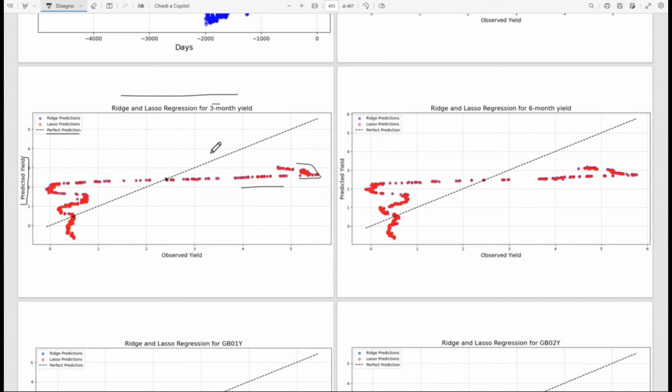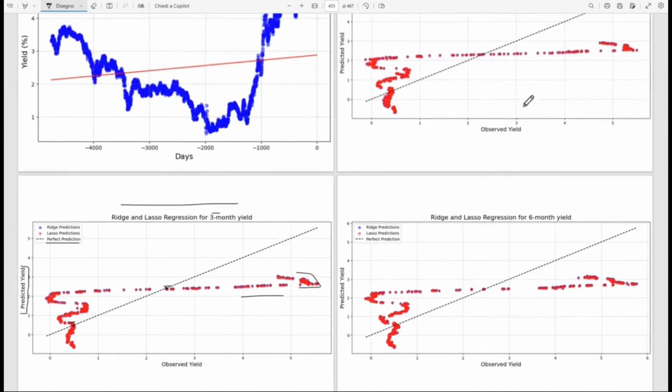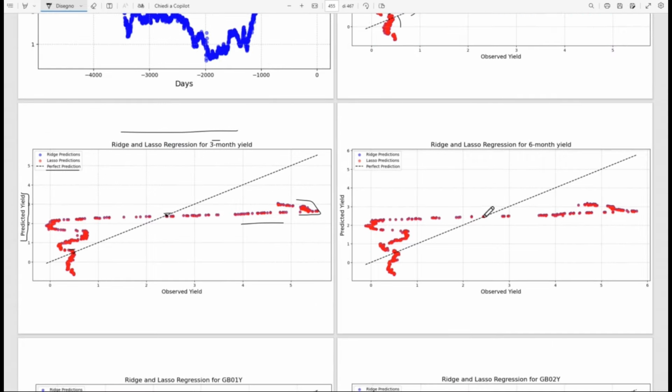For example, for the 3-month yield, the closest to the line is 2.5% here, or less than 1%. So this model shows me that the average yields, which are closer to the perfect prediction line, this diagonal line, are by no means as high as the cost of borrowing now.